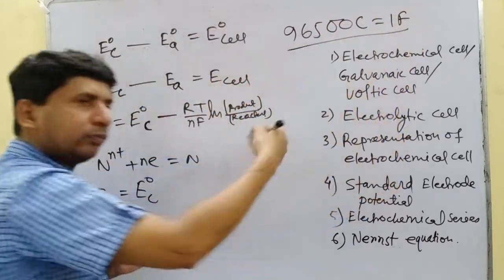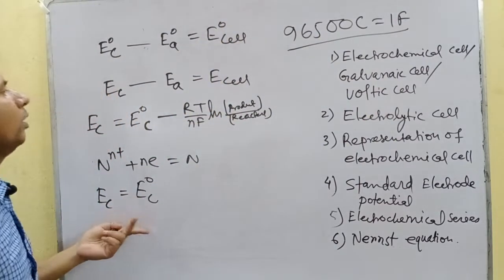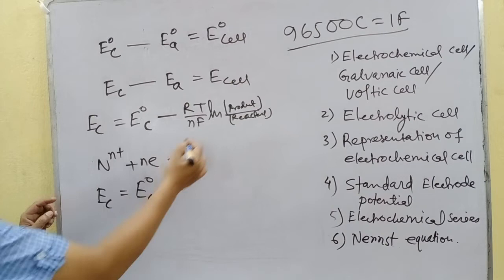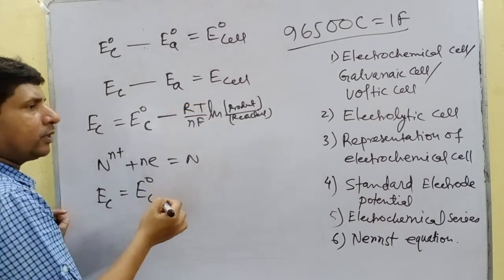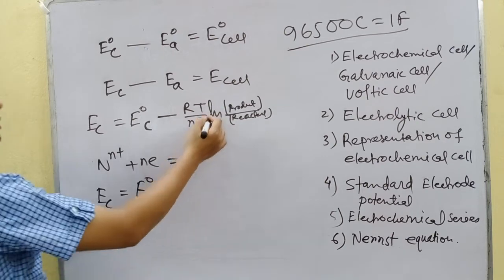এটা আমি নেক্সট ক্লাসে পড়াবো। এটা কি করে এলো আমরা দেখাবো। অর্থাৎ আমরা বলতে পারি this is the F, this is R universal gas constant, T is any temperature in Kelvin. Okay, this is a ln.